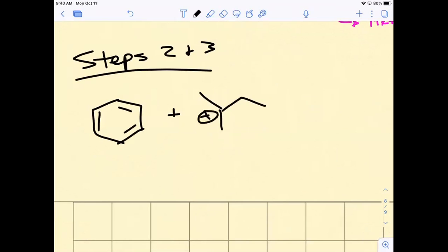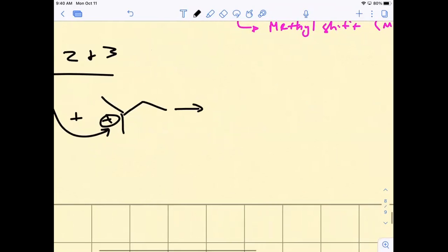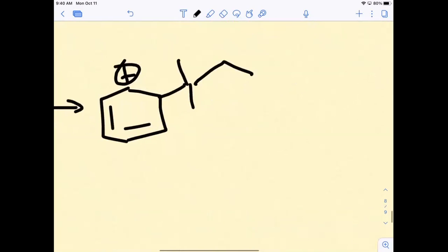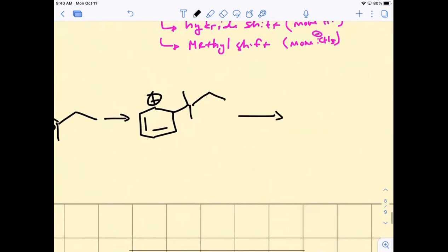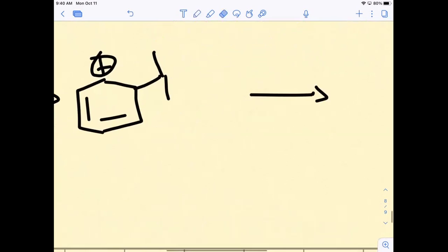That's the carbocation that gets attacked. I'm putting that here. And the plus charge is now here on the ring. And then my aluminum, fix that up. It's horrible.